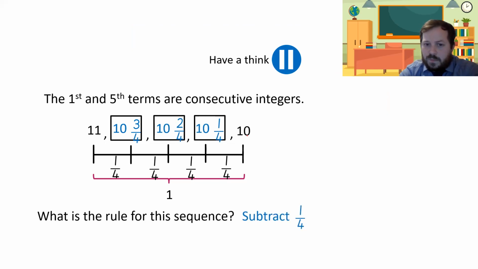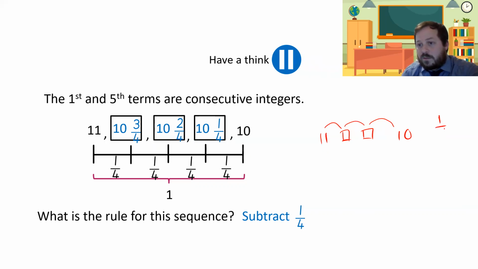Okay? When you're thinking like this, what you do is you think about where your number is. So 11 and 10. And how many jumps there are in between. So in this case, we've got 1 jump, 2 jumps, 3 jumps. 3 jumps between it would be 1 divided by 3. 1 divided by 3 is a third.